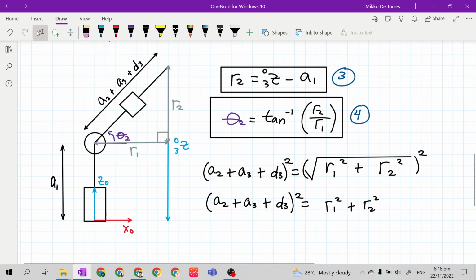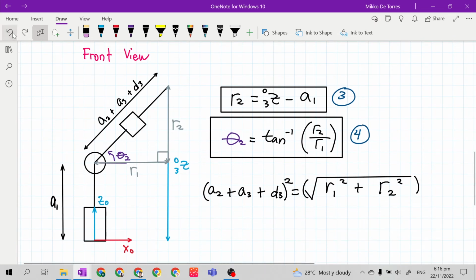Oh, we don't need to square both sides. Sorry, we don't need to square both sides.